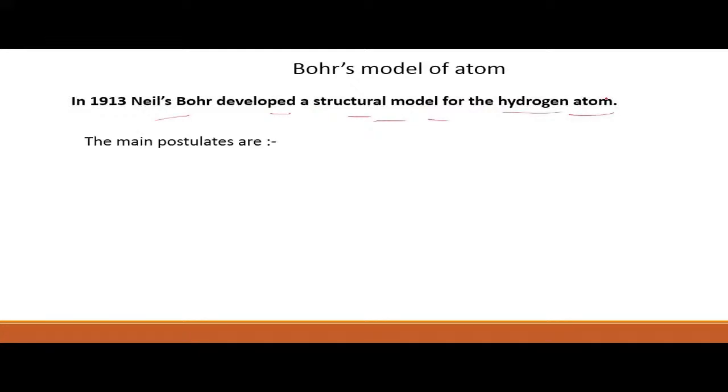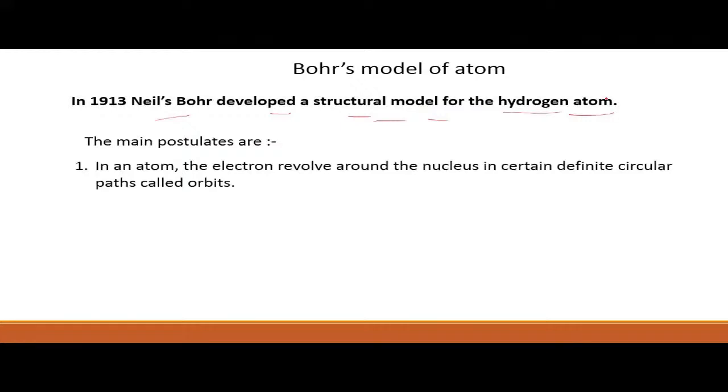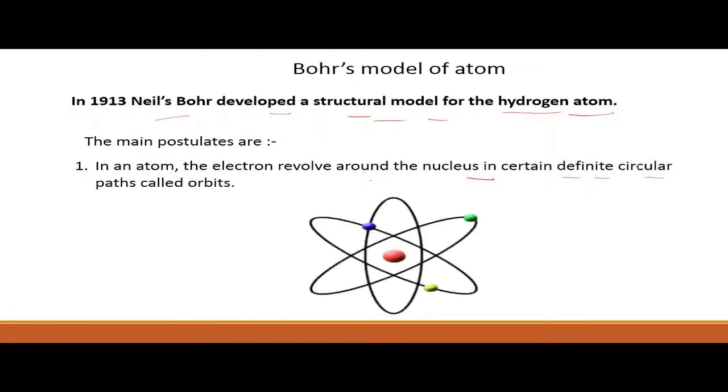The main postulates are: first, in an atom, the electron revolves around the nucleus in certain definite circular paths called orbits. This is the nucleus, around which these circular paths are present. These circular paths are known as orbits.